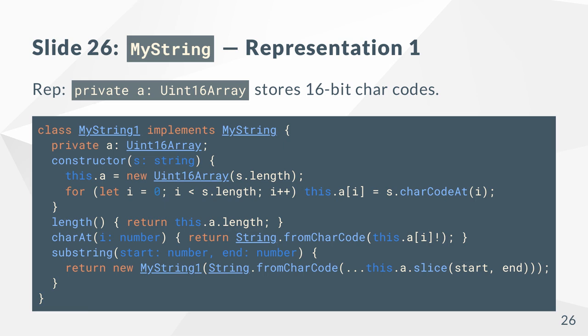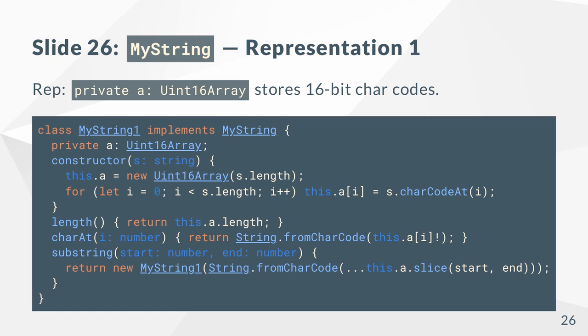Here is the first implementation, myString1. The representation uses a single private field, a Uint16 array called a. A Uint16 array stores 16-bit unsigned integers, which is exactly the range needed to represent Unicode character codes. The constructor takes a JavaScript string, allocates a Uint16 array of the same length, then copies each character code into the array using charCodeAt.